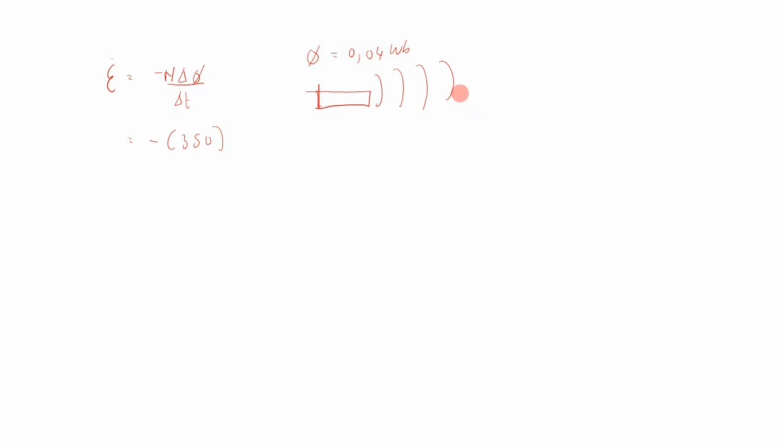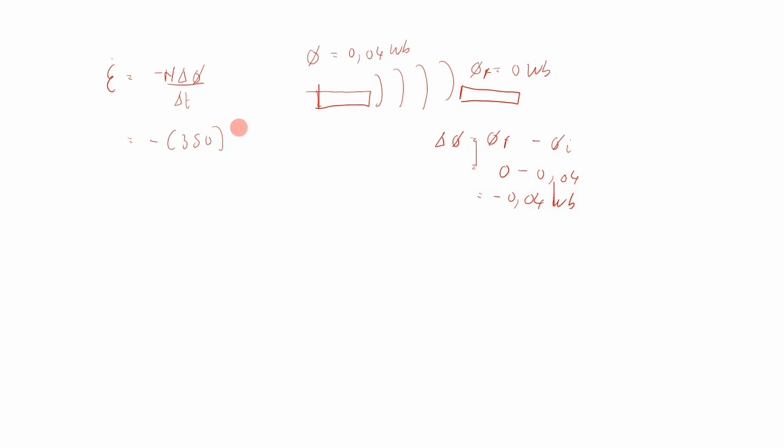But as soon as the magnet leaves the solenoid, there won't be any magnetic flux linkage with the conductor, because right now the magnet is leaving the conductor. So the magnetic flux will be 0 Webers. So this is the final magnetic flux. Now the change in magnetic flux is magnetic flux final minus magnetic flux initial. So we have 0 minus 0.04, which gives us negative 0.04 Webers.